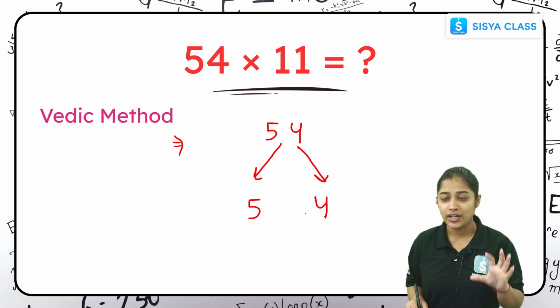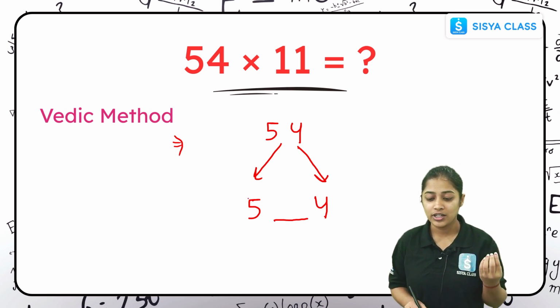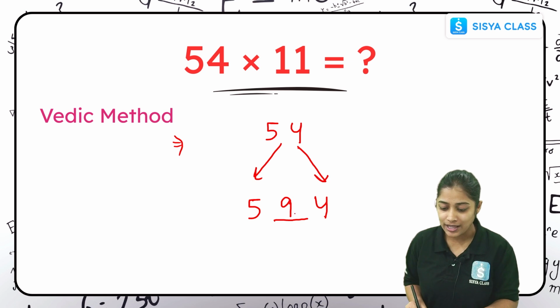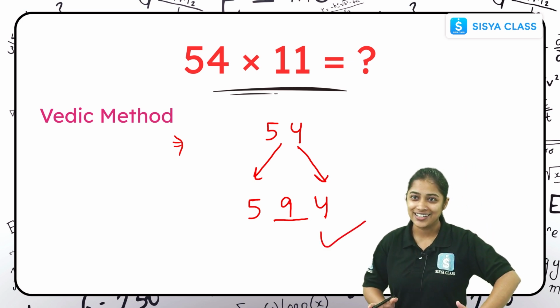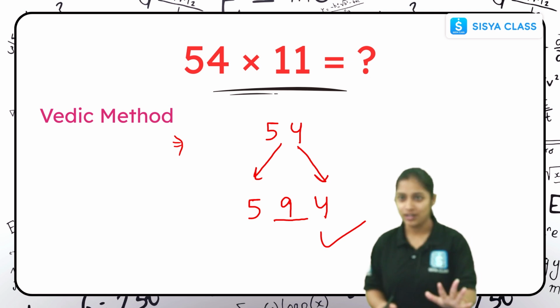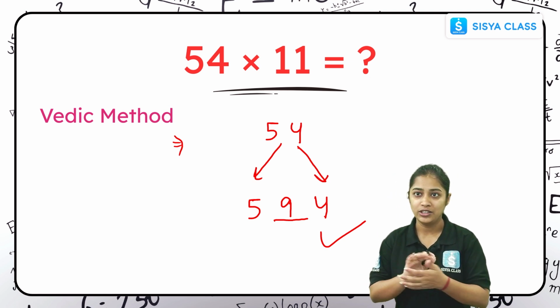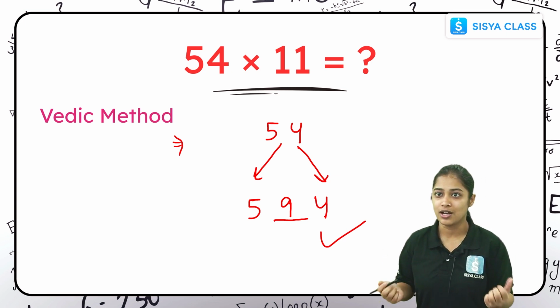Right, now in between the digits I will write the sum of the digits. So here the sum of the digits 5 plus 4 is 9, right? So my answer is 594. So this is the answer. Very easy, right? Any two-digit number, if you want to multiply it with 11, you will write your digits, right? And then in between the digits you will write the sum of the digits.